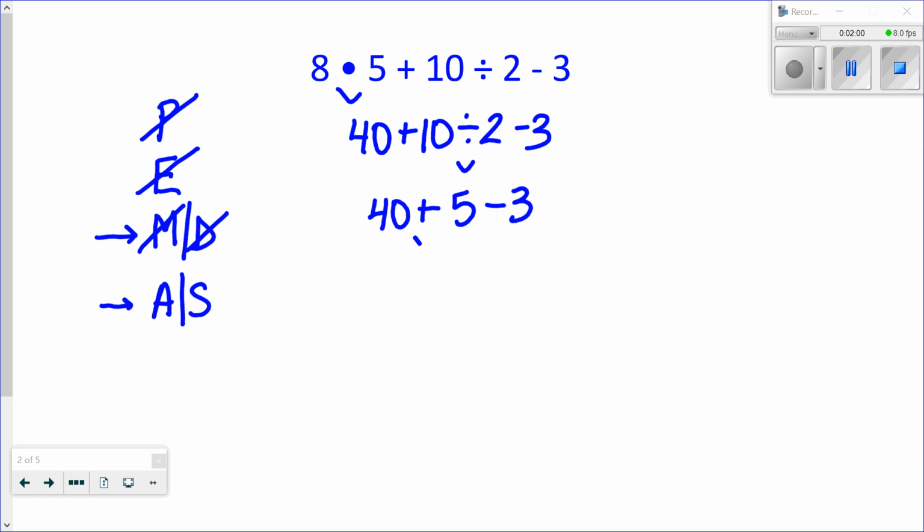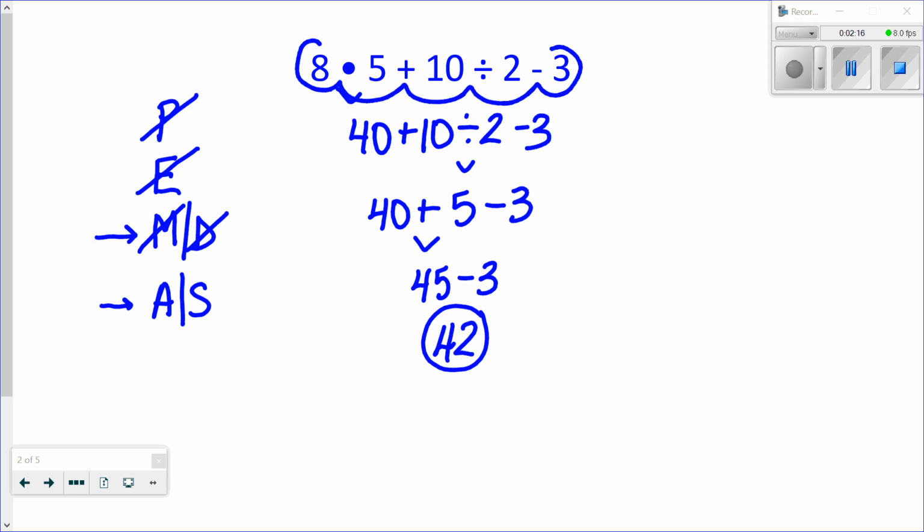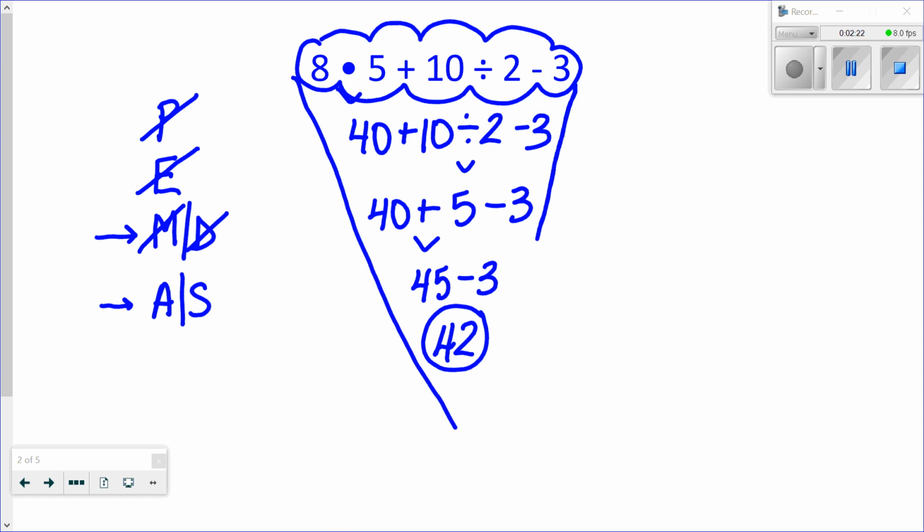Addition comes first, so 40 plus 5 is 45 minus 3, and my answer is 42. So we like to say that when we're doing order of operations, it looks like a pizza slice. Here's your crust, the main expression on the top, and here's your slice. It gets smaller and smaller as you simplify steps.